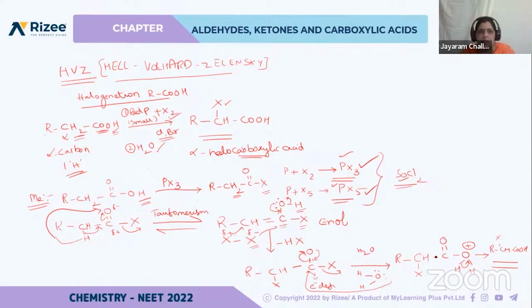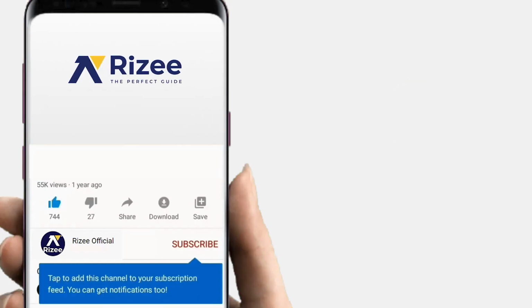This is the HVZ reaction, or simply we can say that as halogenation of carboxylic acid. Instead of adding the halogen at the COOH place, it goes and attacks the alpha carbon atom, forming alpha halo carboxylic acid.